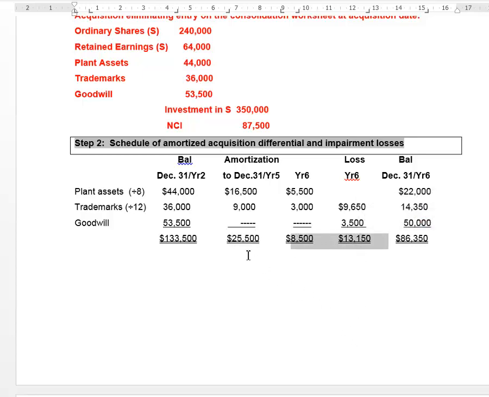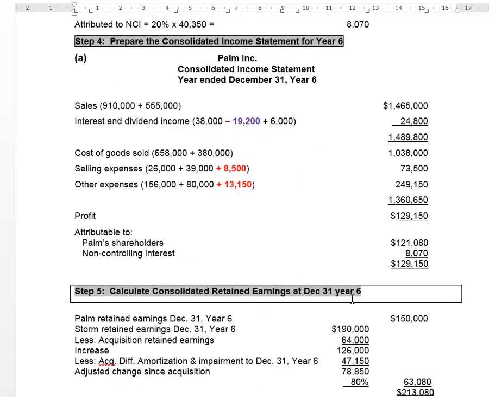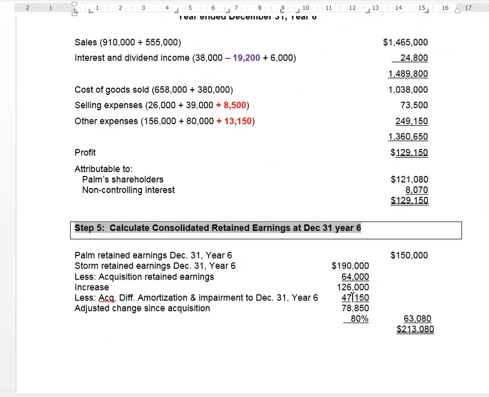All right. So cumulatively, we adjusted before up to the end of year 5, 25,500 plus what we adjusted to income in year 6, which gets closed out to retained earnings from a consolidated perspective, right? So these three numbers, if we were to add them together, would be what we have down here, which is 47,150.